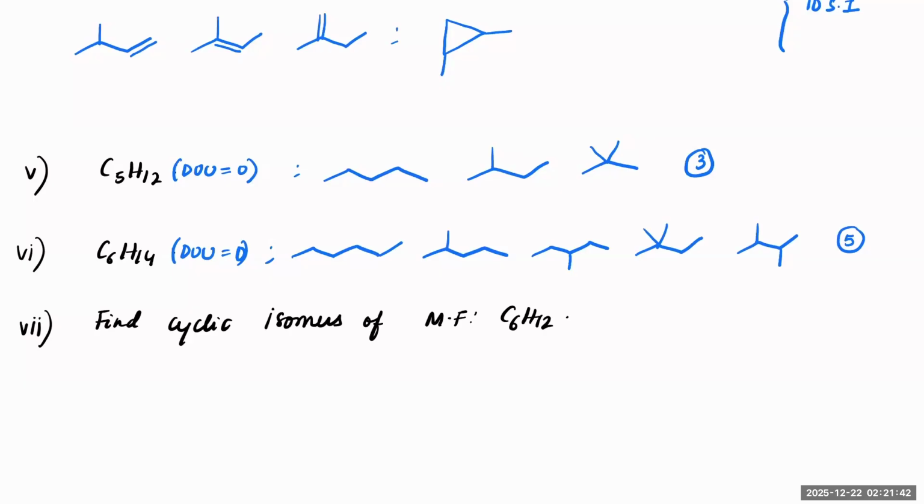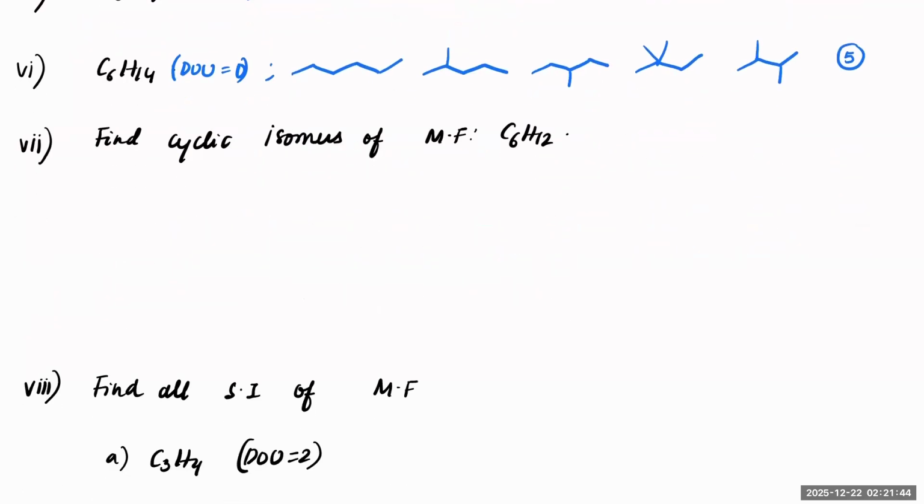See the next case now. Cyclic structures of only C6H12. All cyclic structures only. I'm not asking about the pi bond forms of it. So check out, the degree of unsaturation for C6H12 is 1, which means only one cycle is possible.